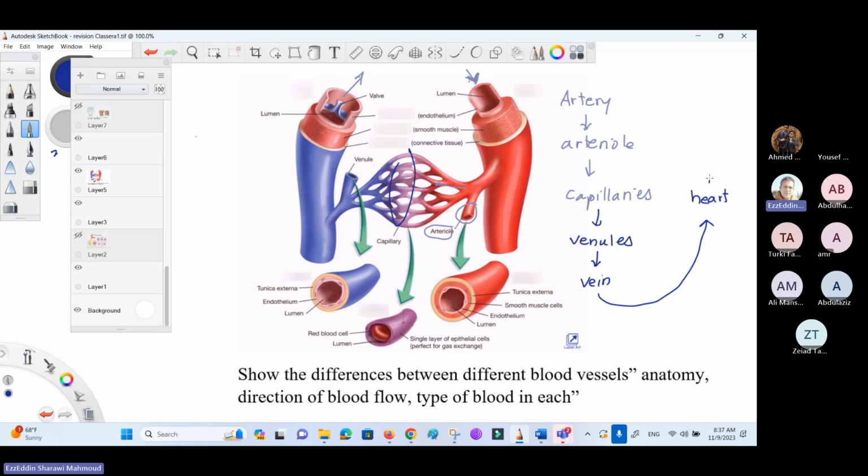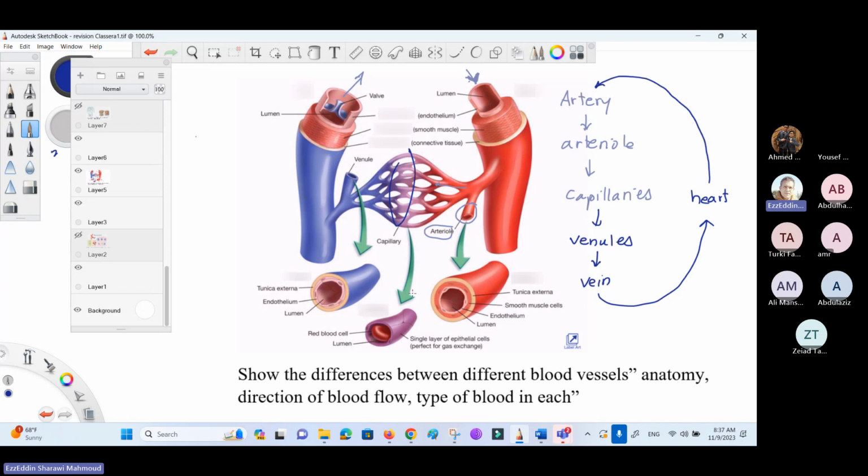After that, the heart will push the blood again into arteries. We have two main arteries. The first one is called the aorta, going from the left ventricle, and the second one is the pulmonary artery, which goes out from the right ventricle. And the cycle is repeated.